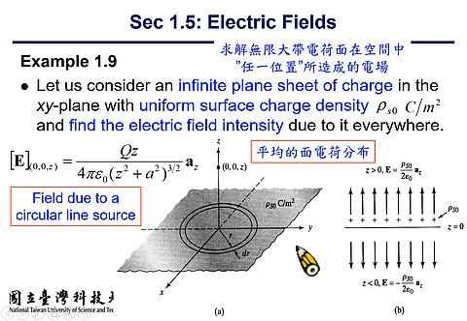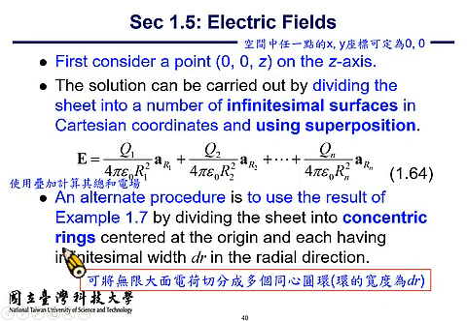So, using the superposition law, the total field can be divided into the summation of the total field from smaller circles and larger circles.